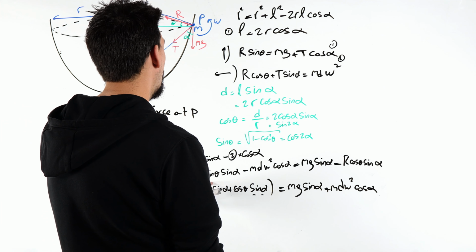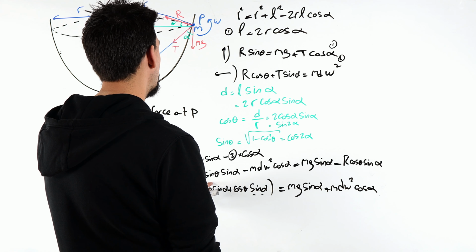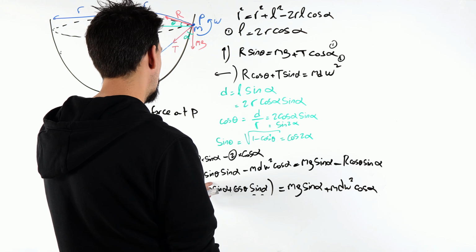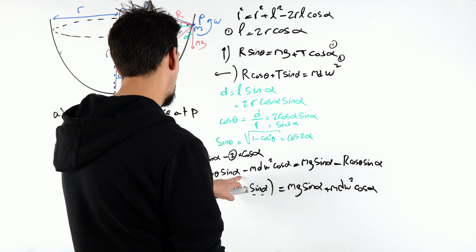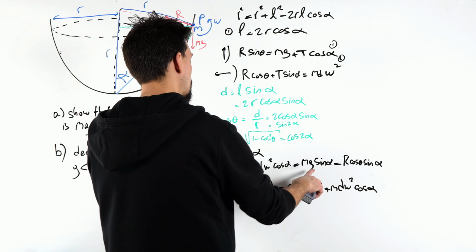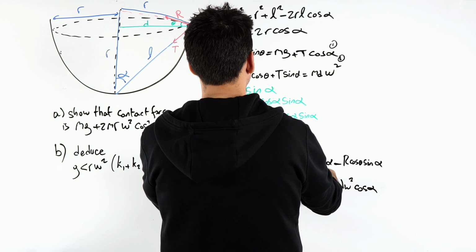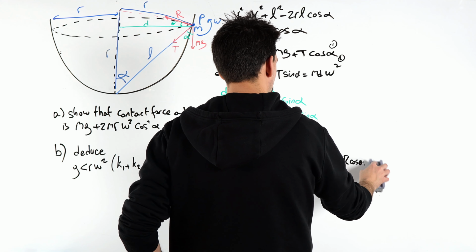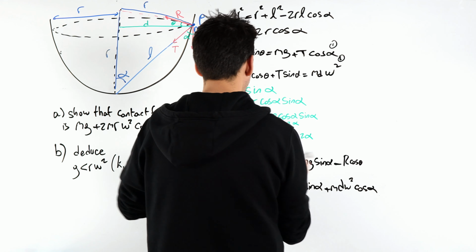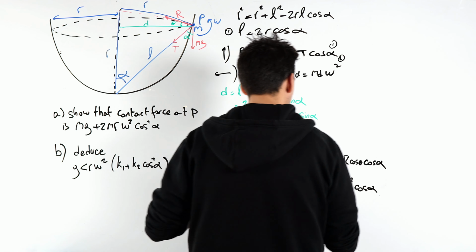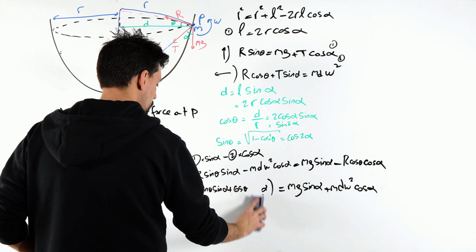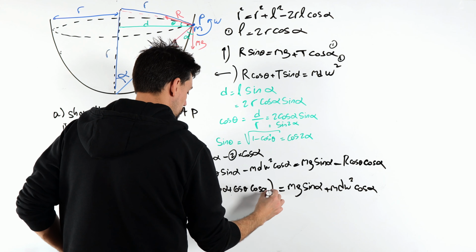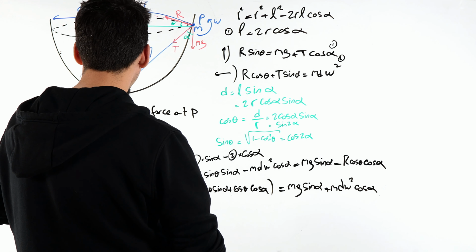Because it's number 1 times sine alpha, so sine theta sine alpha, and number 2 times cos alpha, so it should be cos theta cos alpha. But that's still fine, because what's D?